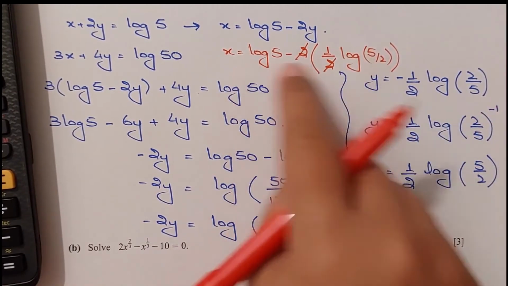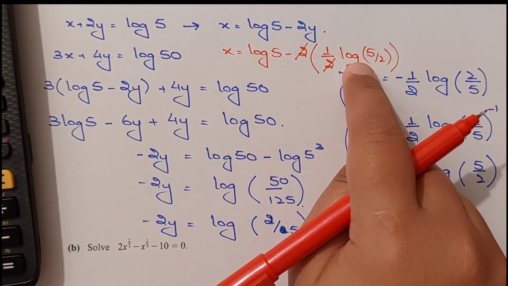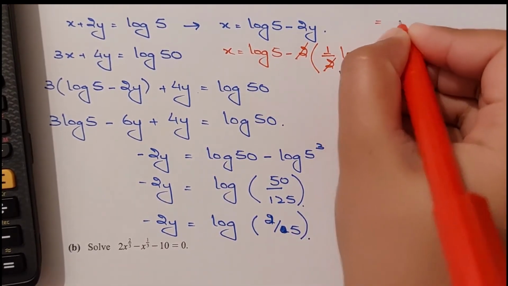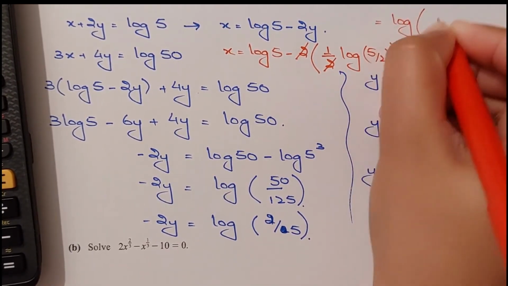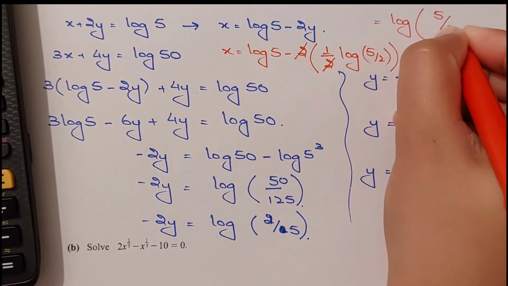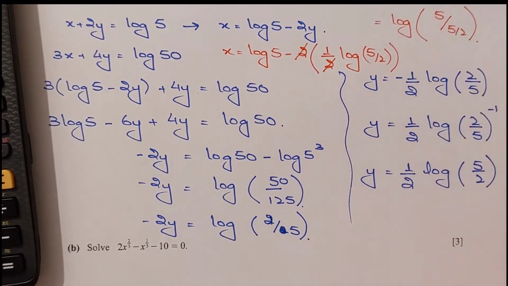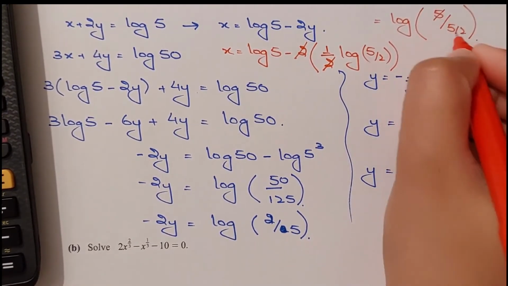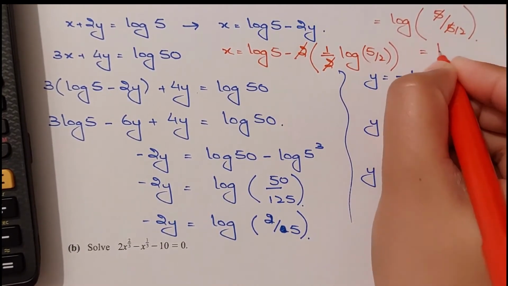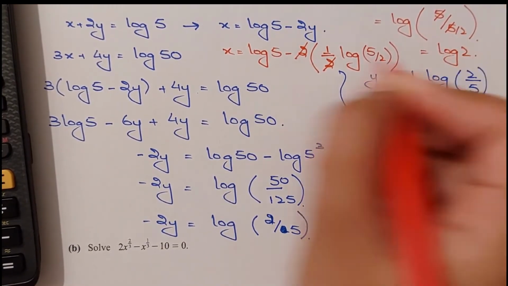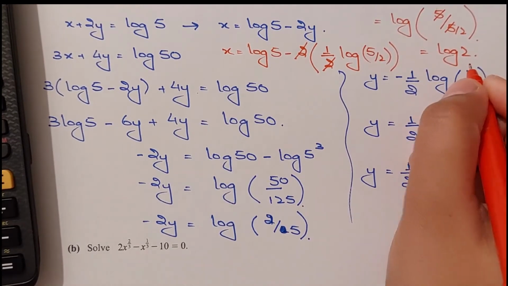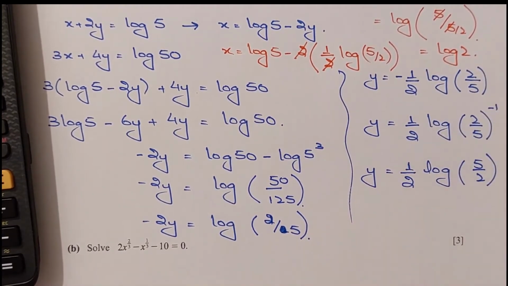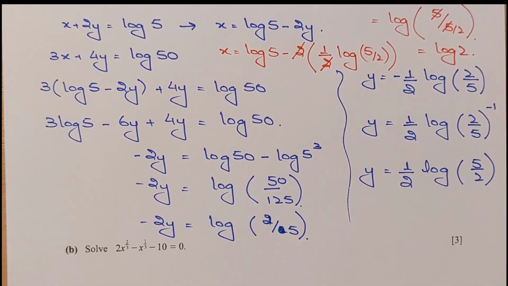When we have a subtraction, we can divide the logs, right? So here we have log of 5 divided by 5 by 2, right? So 5 is cancelled with 5, so you are just left with log 2. So the x value is log 2 and the y value is 1 by 2 log 5 by 2, right?